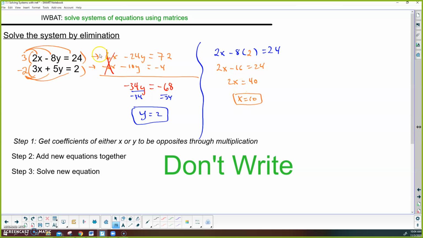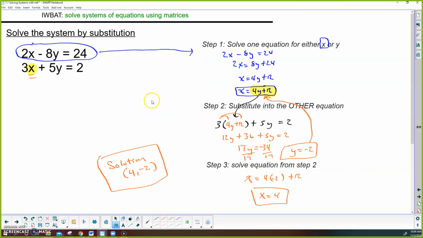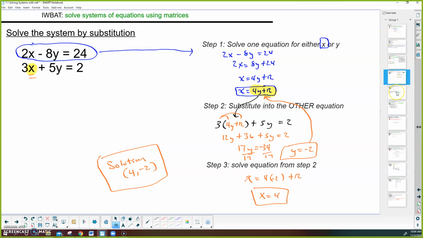That should have been the same. Did I make a mistake somewhere? Yeah, that still doesn't work. It should, I'm going to go back here. Is this the exact same problem that I copied?